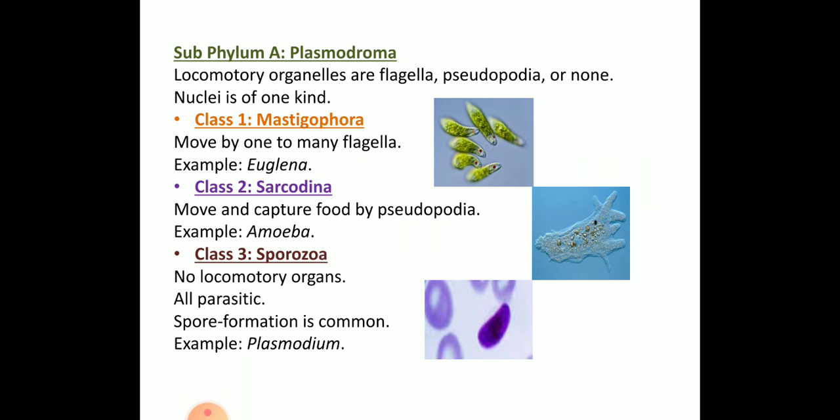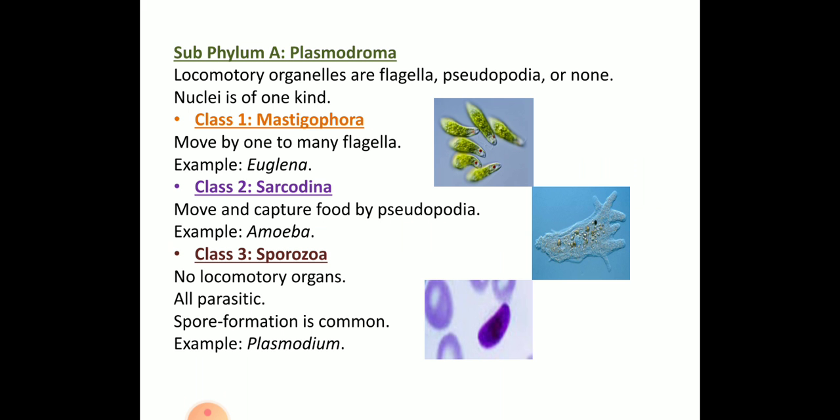The first subphylum is Plasmodroma. Under Plasmodroma, the locomotory organelles may be flagella or pseudopodia, or may be absent, and nuclei are of only one type.